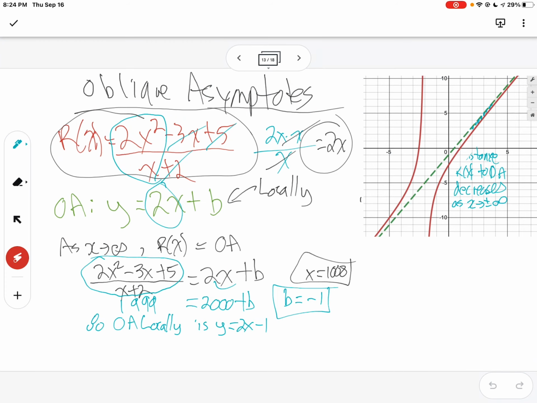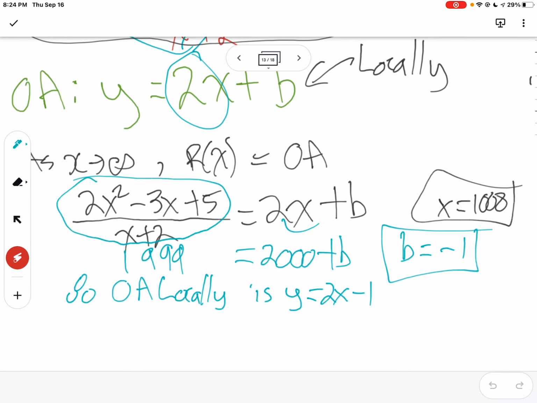The easy way to do this is to say that if I sub in 1,000, then the rational function has to pretty much overlap with the oblique asymptote. I'm sufficiently far out to the right towards positive infinity that the oblique asymptote is going to overlap the rational function. So the way I do that is set the rational function equal to the oblique asymptote, subbing in something very far to the right.